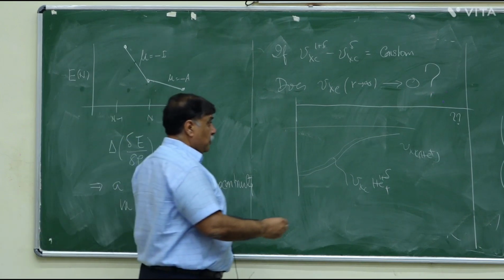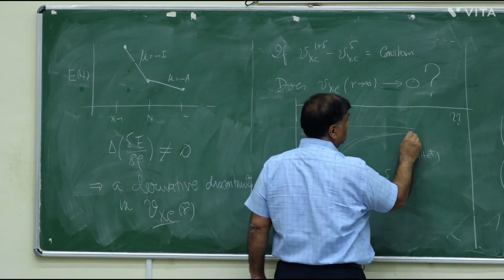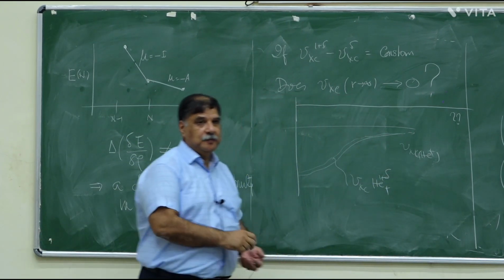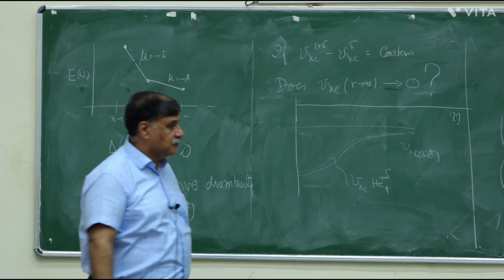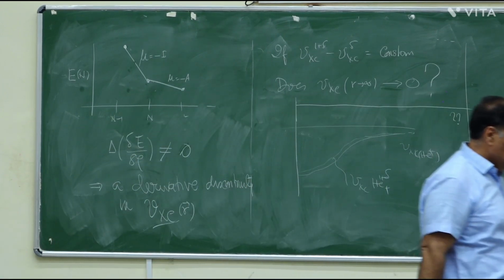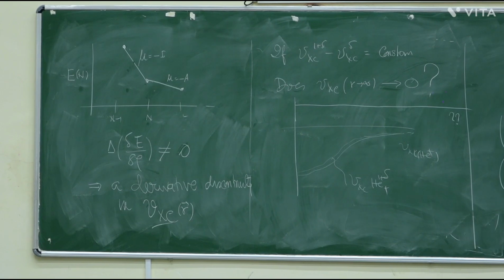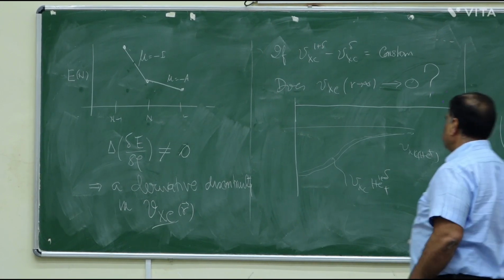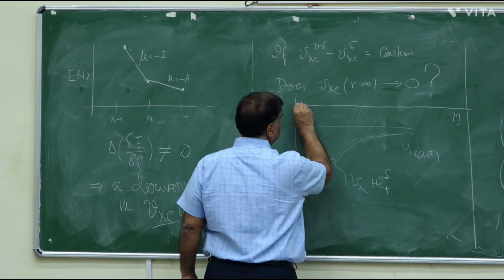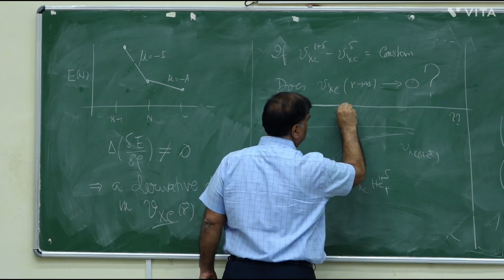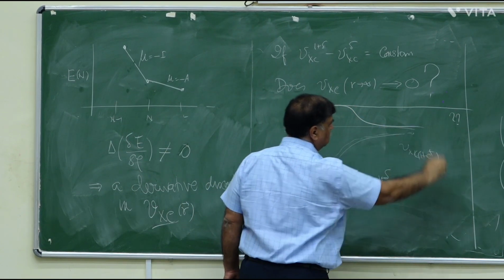Or do we also show by other theorems that this goes to 0? How is that possible? The answer, which I'll show you in a minute, is that the change is constant up to a certain point and then slowly goes to 0.